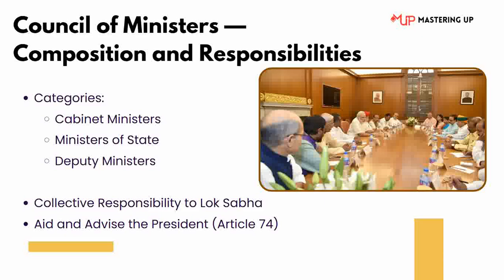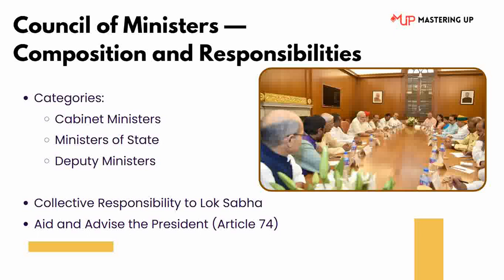Ministers of state assist or handle smaller portfolios. Deputy ministers support senior ministers. They are collectively responsible to the Lok Sabha, meaning if they lose confidence, they must resign. Their duty is to aid and advise the President in governance.